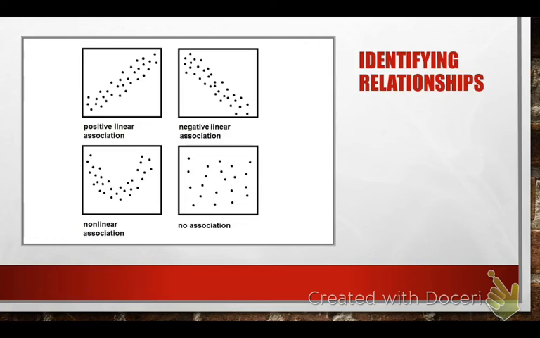Maybe not the best example, but that's all I could come up with for now. Nonlinear shows a decrease in the X and Y relationship, and then it levels off, and then it increases. And then no association at all is when there's no pattern.